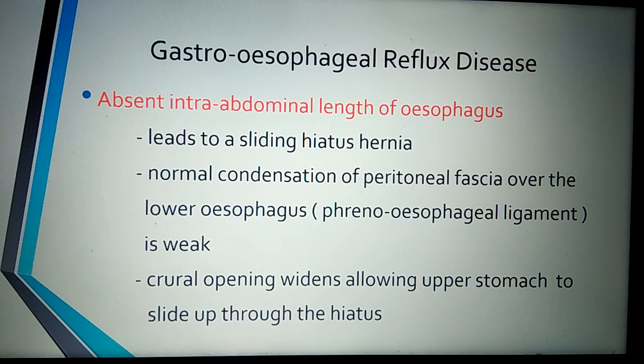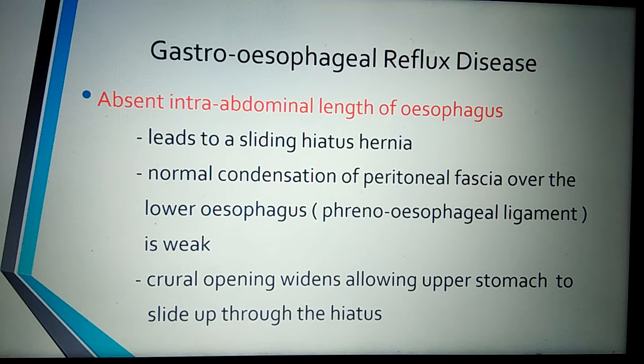Now in this condition, if there is no intra-abdominal length of esophagus, the normal condensation of peritoneal fascia over the lower esophagus is weak, and this fascia is also known as the phrenoesophageal ligament. If that is weak, the crural opening widens and allows the upper stomach to slide up through the hiatus.